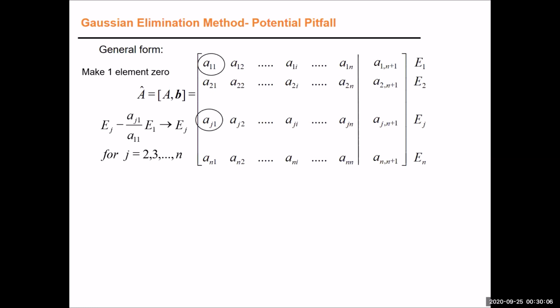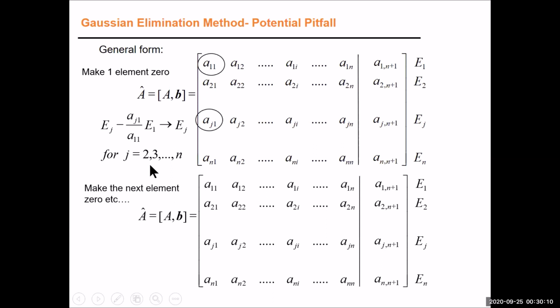And this is how you form the fraction for the second column. The number you want to make 0, let's say this one, you have to divide by the pivot element. The pivot element is on top, but it has to be resting on the diagonal line. In this case, it's A22, not A12.